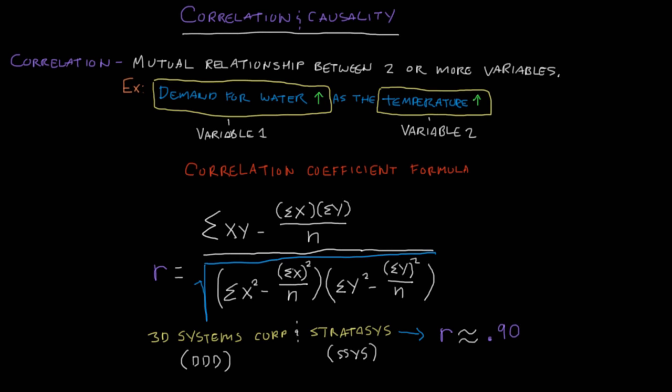And upon my observations, I discovered that their correlation was somewhere in the vicinity of 0.90. R equaled 0.90. And this implied that the two almost mimicked each other identically. I was able to capitalize on this opportunity after Stratasys stock began to rise, yet 3D Systems stock remained stable.